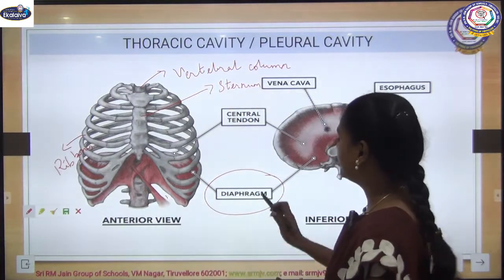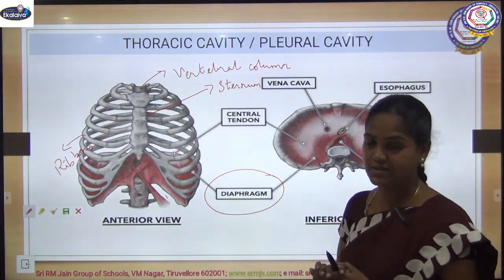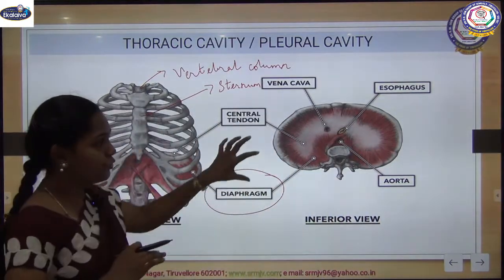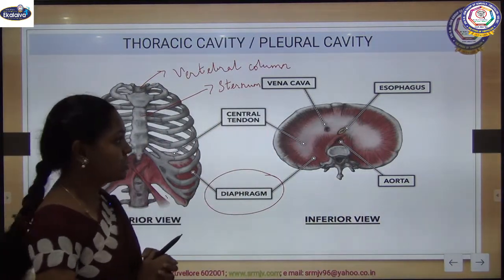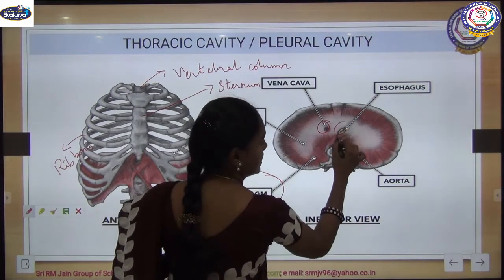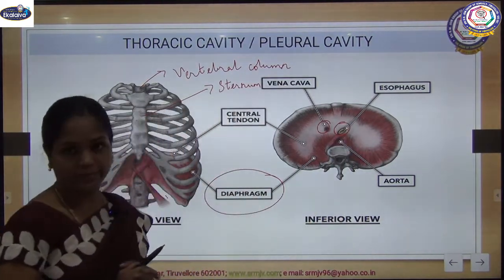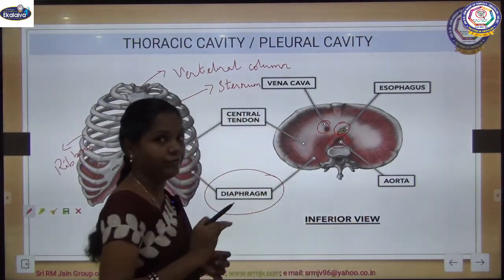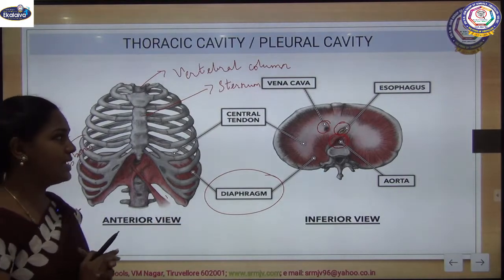I told you the diaphragm is a muscular sheath. Here is the inferior view of this muscular sheath, which provides a place for the entry of the vena cava, this one for our food pipe, that is the esophagus, and this is the place for the entry of the aorta, our main artery.